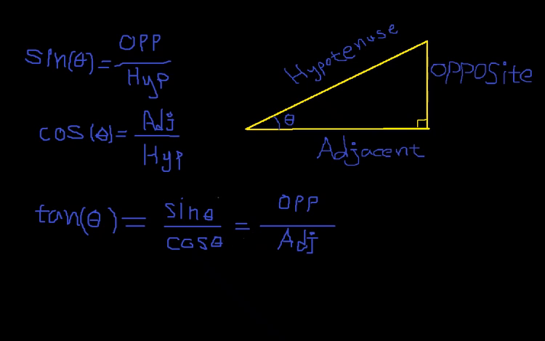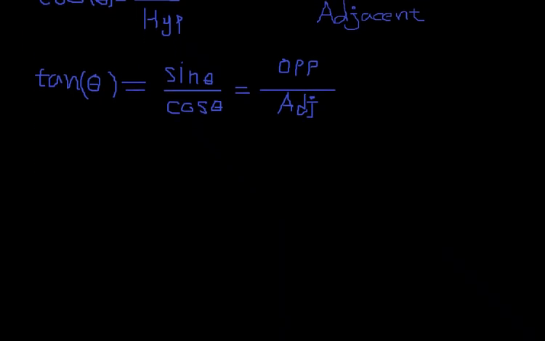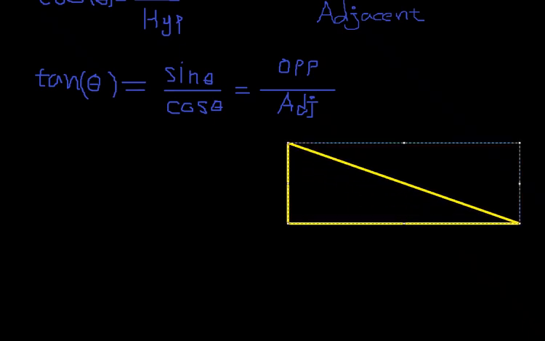Let's solve a problem based on these formulas. Let's assume that we have a right triangle, something like this one, and there is an angle here, this is our theta.